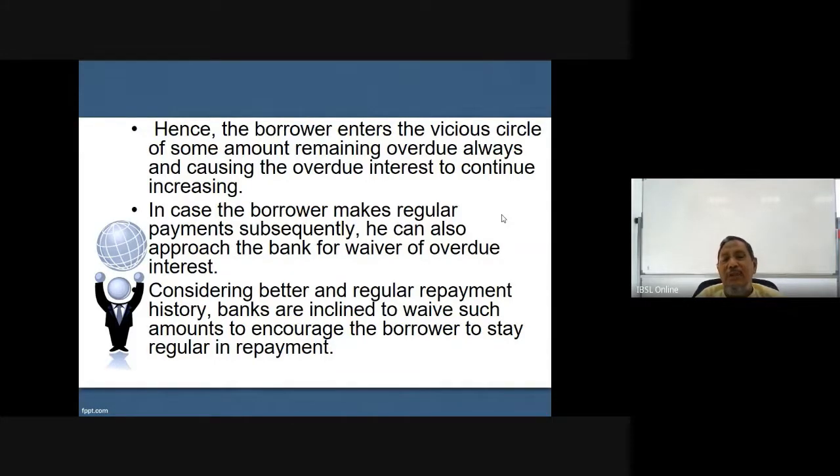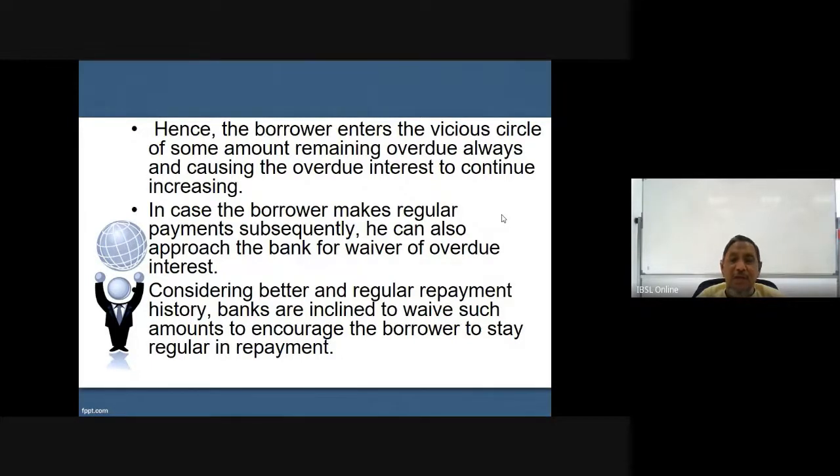In case the borrower makes regular payments subsequently, he can also approach the bank for a waiver of overdue interest. Right? So again, if a customer has the repayment ability, and asks for a waiver of overdue interest, we discussed earlier how to apply for interest waivers.